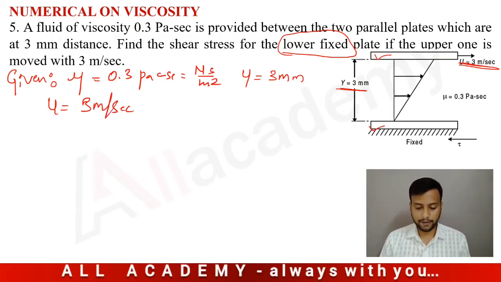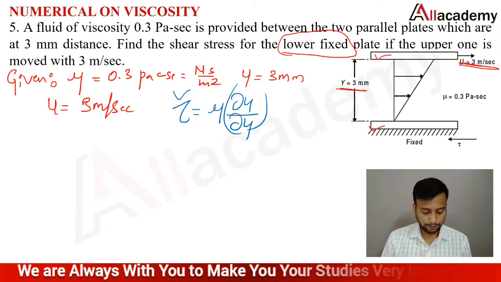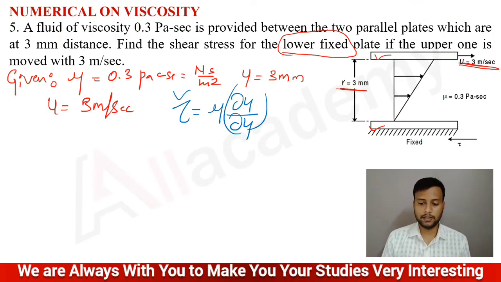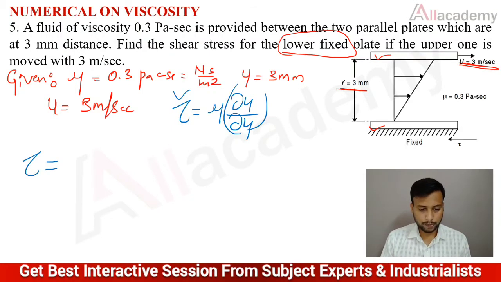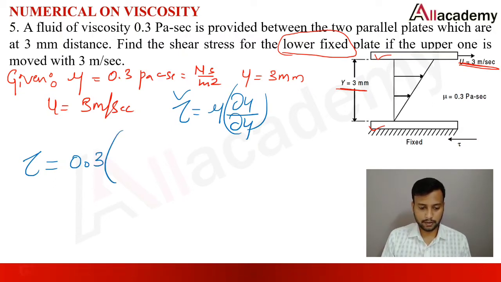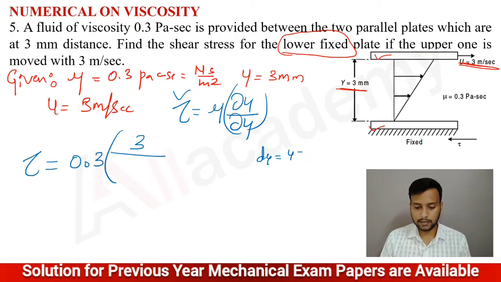Now we need to identify the shear stress, that is tau equals mu into dou u by dou y. Since the lower plate is fixed and the upper plate is moving, we will directly consider du. So tau will be equal to, mu is already given, that is 0.3, u is given, that is 3, divided by dy. dy is nothing but y minus 0.